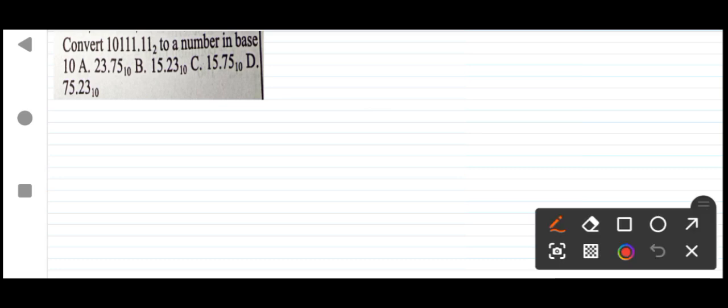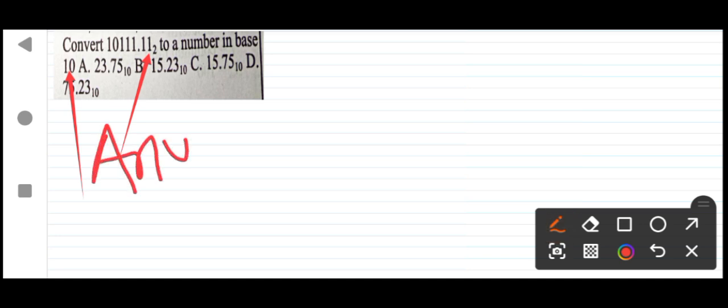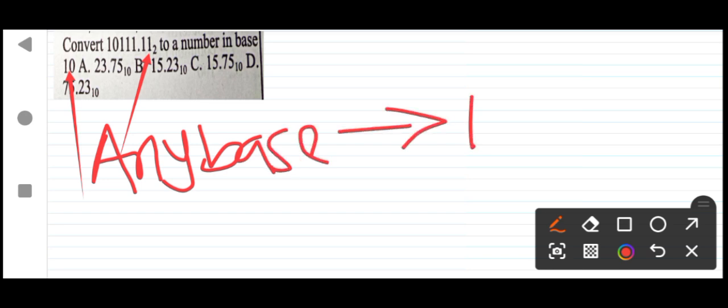All you have to do is, when you see a number this way, asking you to convert from any base to base 10, please take note. When you are converting from any base to base 10, this is what you are going to do.